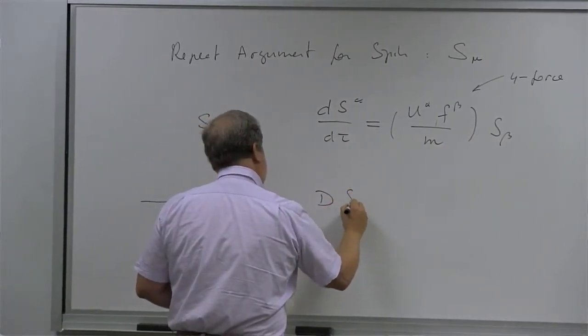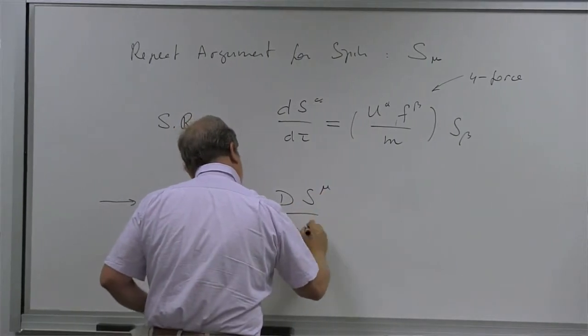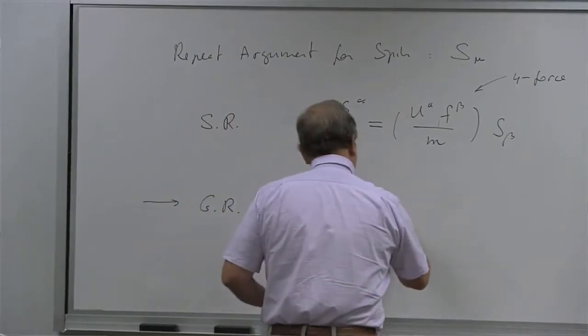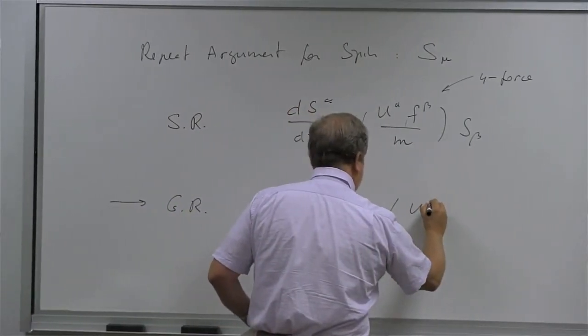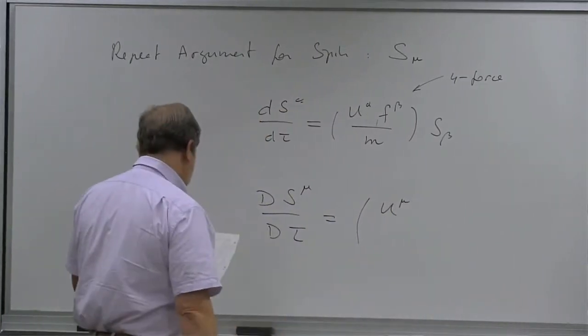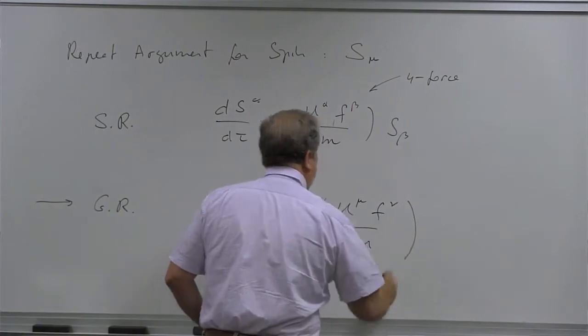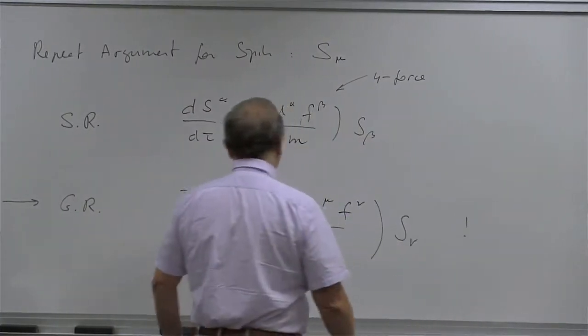So we write that ds mu by d tau, the covariant derivative, which contains 2 terms, is equal to, and well, on this side, we don't need to do a whole lot, because we can just write this as u mu and then f nu divided by m, and then times s nu. And that's it, basically.